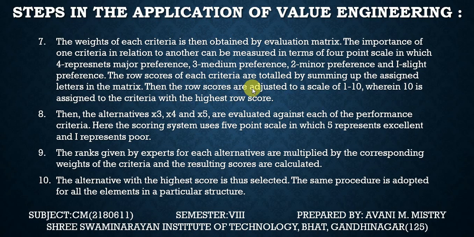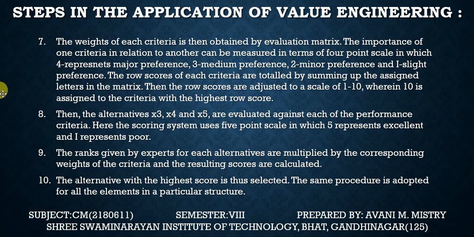The row scores are adjusted to a scale of 1 to 10, wherein 10 is assigned to the criterion with the highest row score. Then the alternatives x3, x4, x5 are evaluated against each of the performance criteria, and here the scoring system uses a 5-point scale in which 5 represents excellent and 1 represents poor.